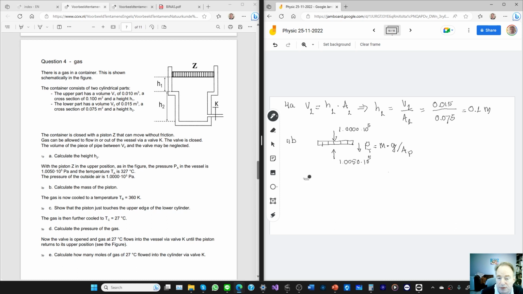So since this is balanced, the piston is not moving, we need to have that this pressure coming from the piston plus the outside air pressure has to be equal to the pressure inside the container.